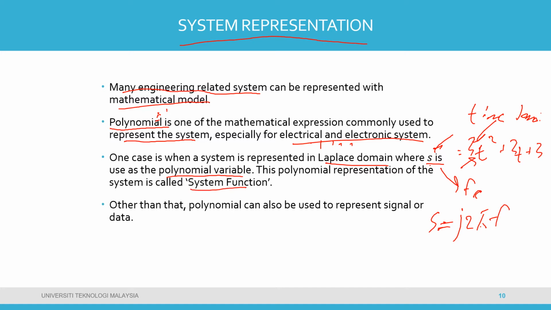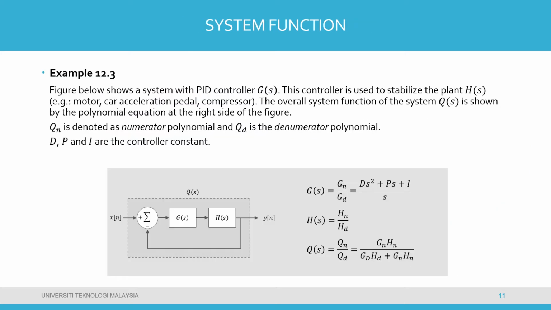Basically, the polynomial is a very good thing that you have to learn to represent a system, especially in electrical and electronic. I think most of you have not learned about control yet, but this is basically what control is.